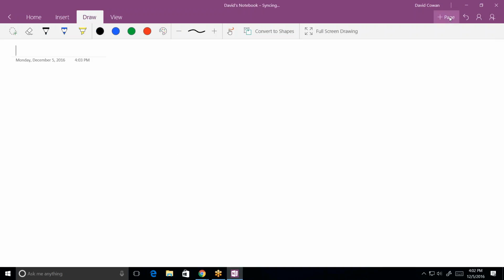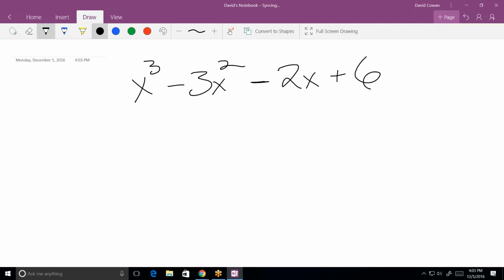All right. There are 2 kinds of cubics. Let me give you another one. This is another cubic, okay? And we could use the same logic.